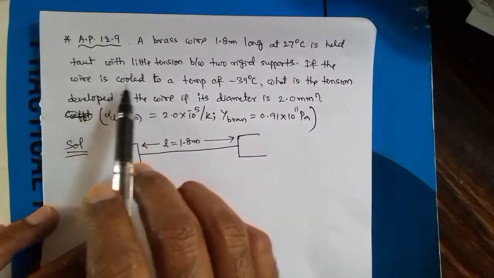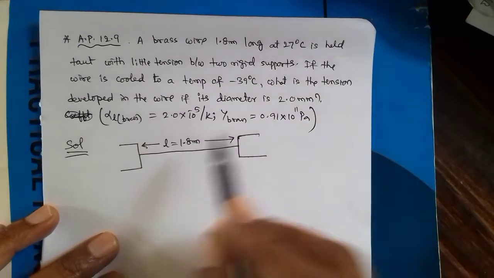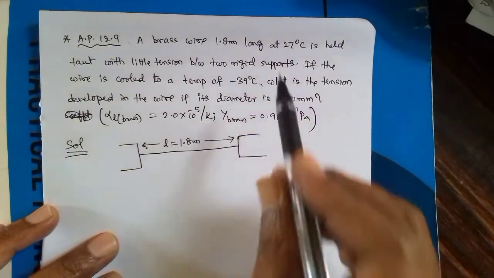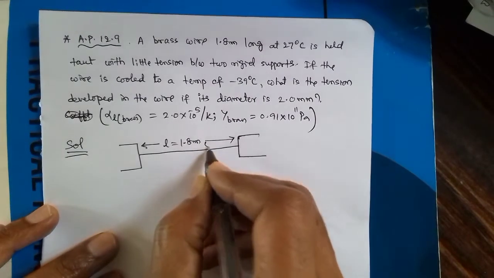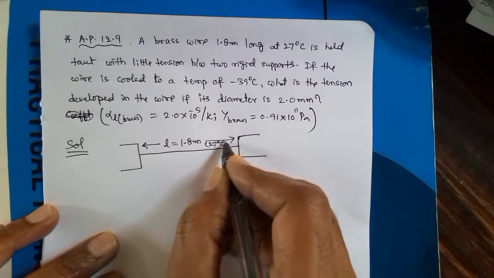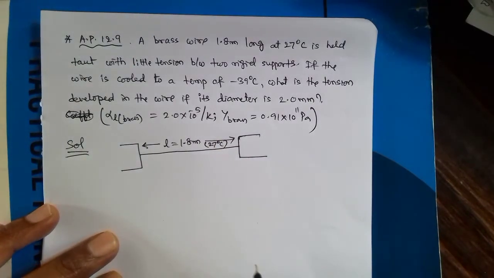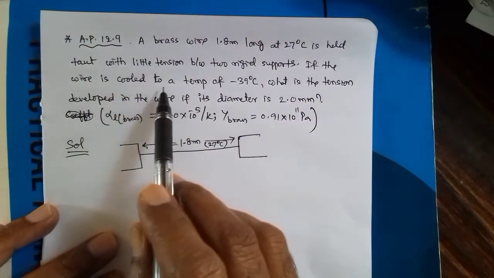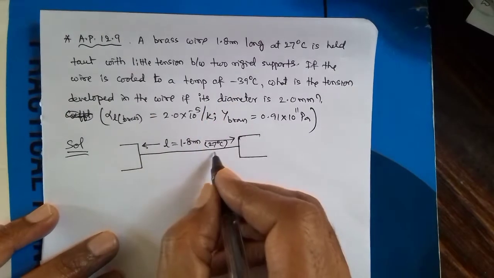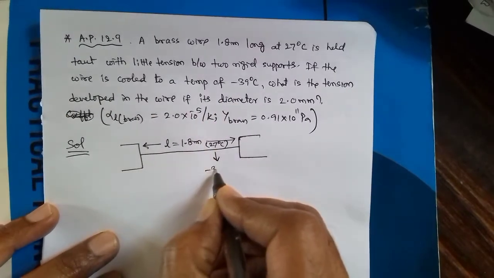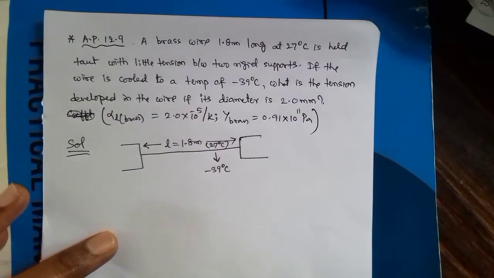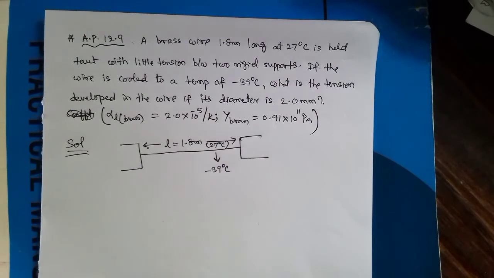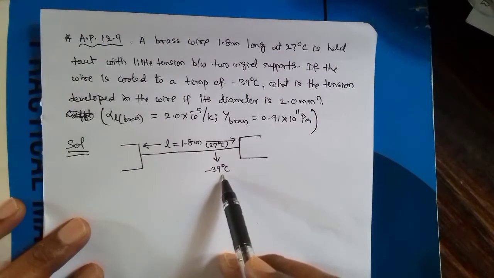If the wire is cooled, see, now this is at temperature 27 degrees centigrade. If the wire is cooled to a temperature of minus 39, see, if you increase the temperature, length increases. If you decrease the temperature, length decreases.